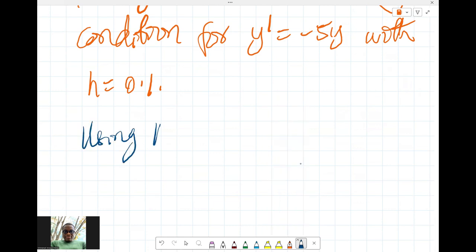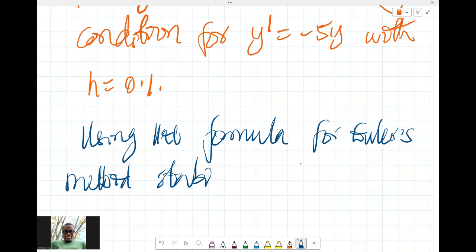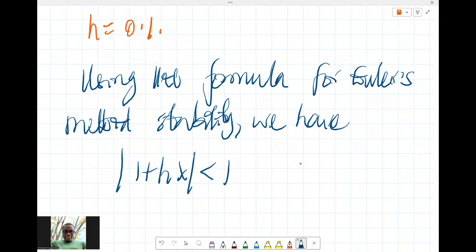Using the formula for Euler's method stability, we have the absolute value of 1 plus h lambda less than 1. So let's see if that works for this particular system. This is the condition now.